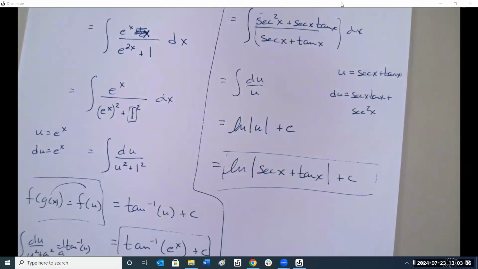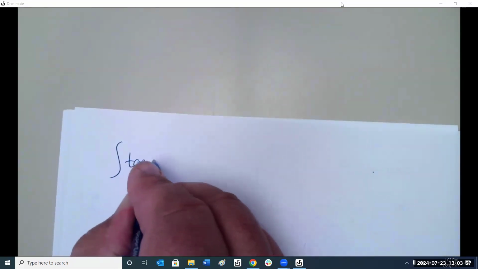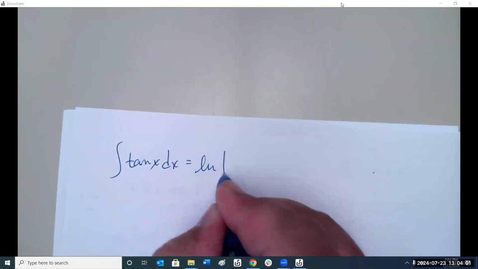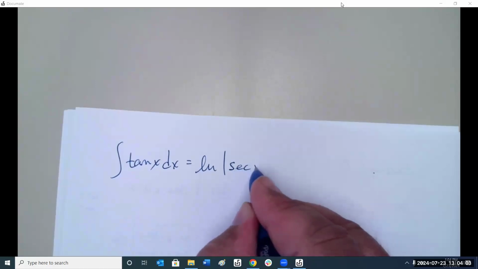Now, on your example sheet, right below that example, you see the 4 rules of integrals of the tangent, cotangent, secant, cosecant. The integral of tangent x is equal to the ln of secant x.